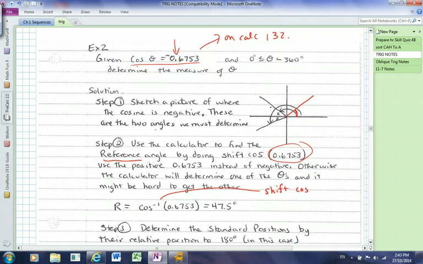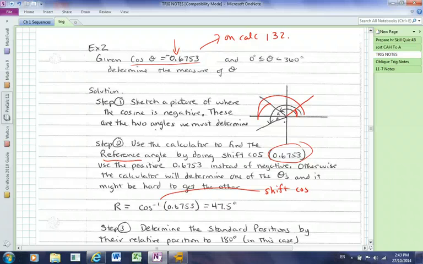That's your first angle. It actually gives you your first angle. Okay? If I use this, I can get my first angle by doing 180 minus the reference angle. But then I can get the second angle by doing 180 plus the reference angle. So if I get the reference angle, I can find both angles, no problem.